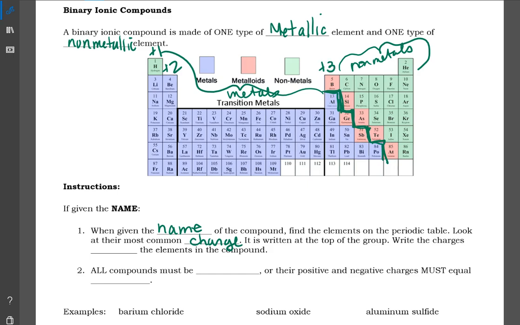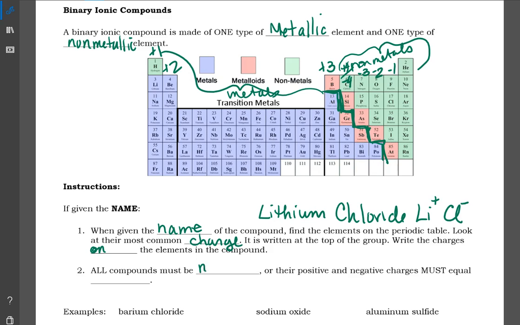This family is a +3, +4 or -4, -3, -2, -1. Write the charges on the elements in the compound. If we were doing, for instance, lithium chloride, you write lithium, charge of +1, chlorine, charge of -1.